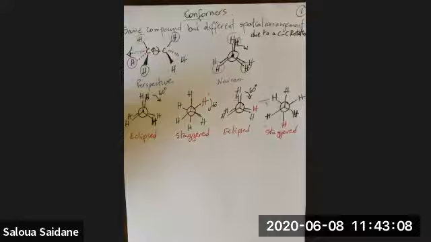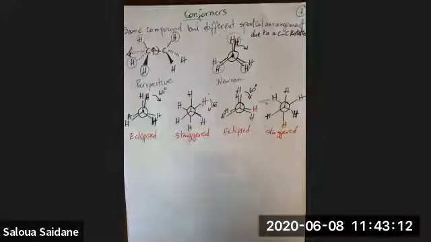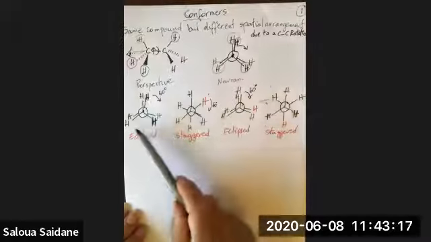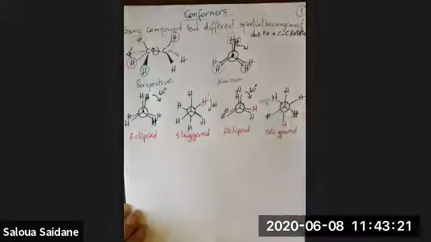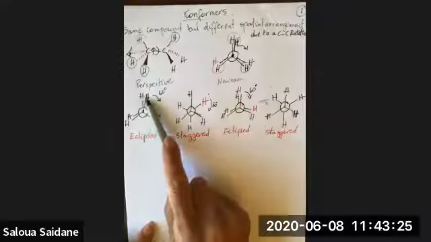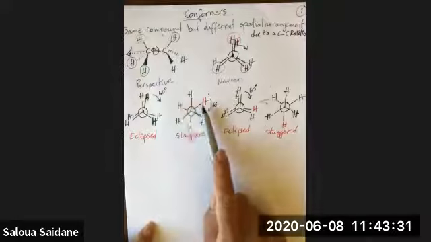What happens constantly, without even us controlling it, is this molecule will go from an eclipse to staggered, to an eclipse to staggered, to an eclipse to a staggered. And in between, you see that these two hydrogens are behind each other, eclipsing each other. That's the reason it's called eclipsed. And here they're far from each other.